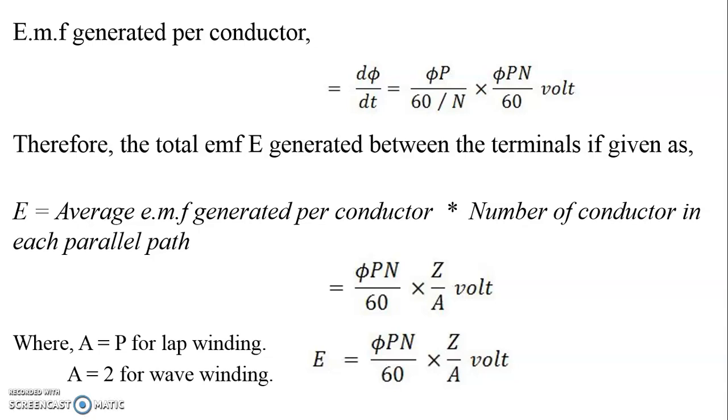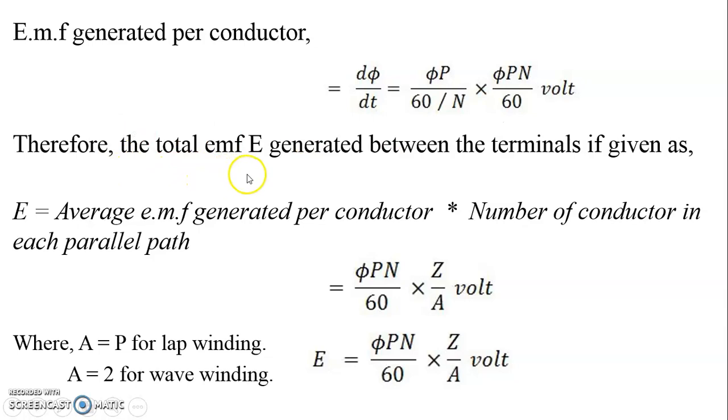So substitute all the values in the above equation, that is d phi by dt equals phi P divided by 60 by N. So N is moved up, then we get phi P N by 60 volt.